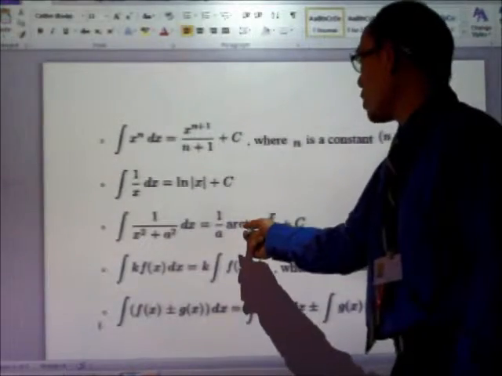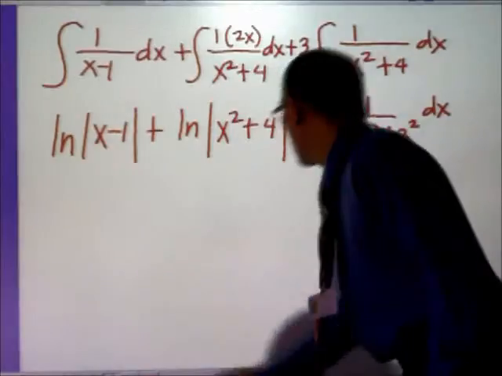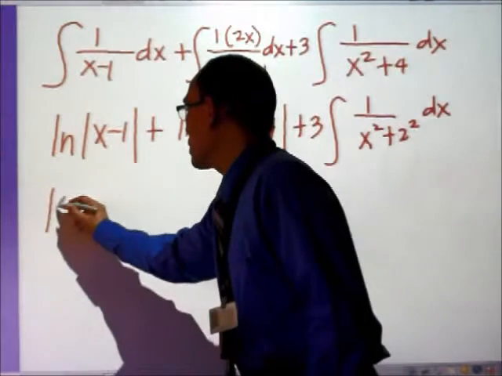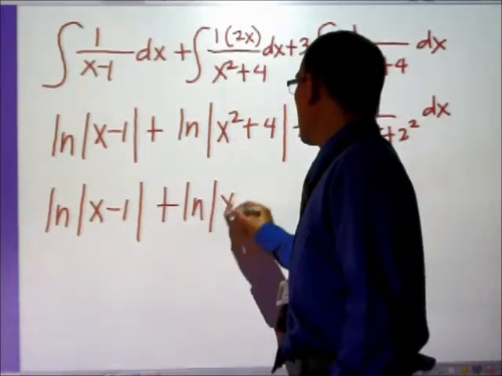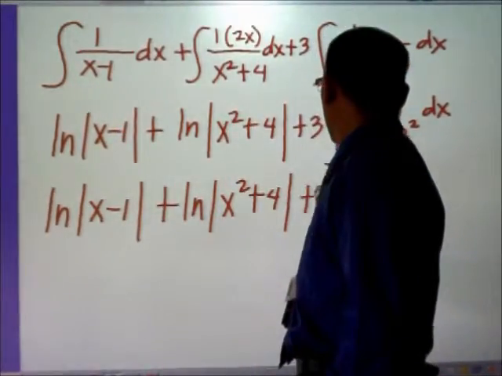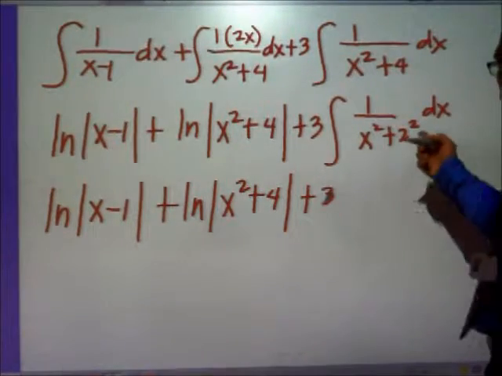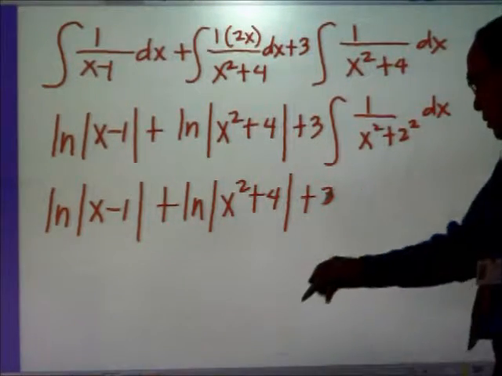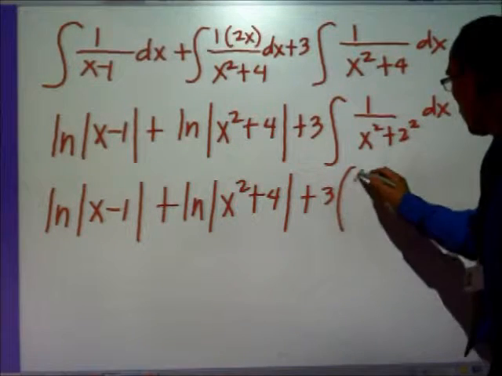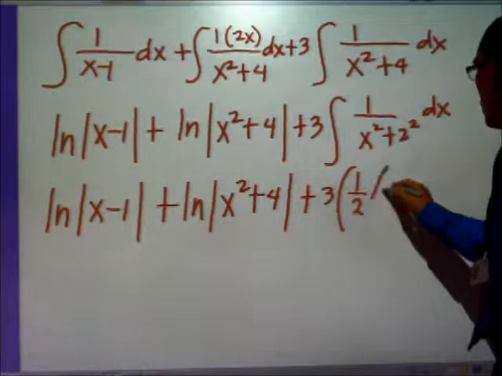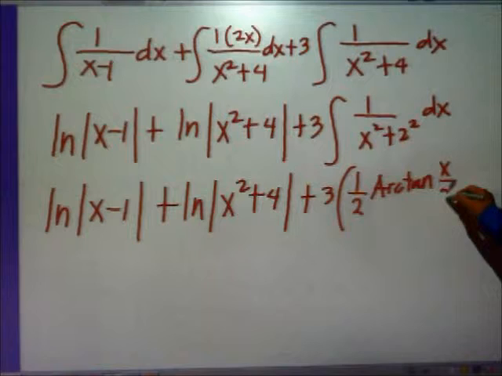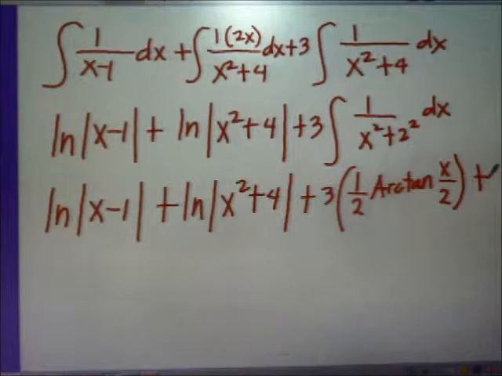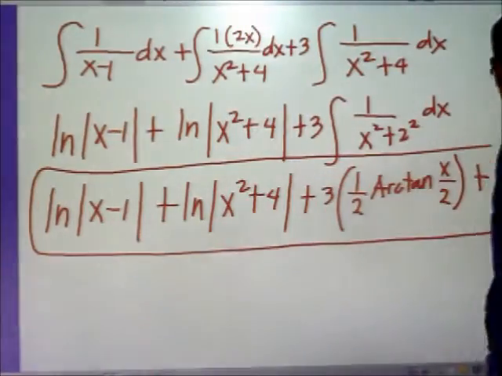Using this rule here, number 3 on our list, we can just copy this first part here, and then plus ln x squared plus 4 plus 3, and then using that rule there, we can have 1 over 2 arctan x over 2, then plus c. That's our answer.